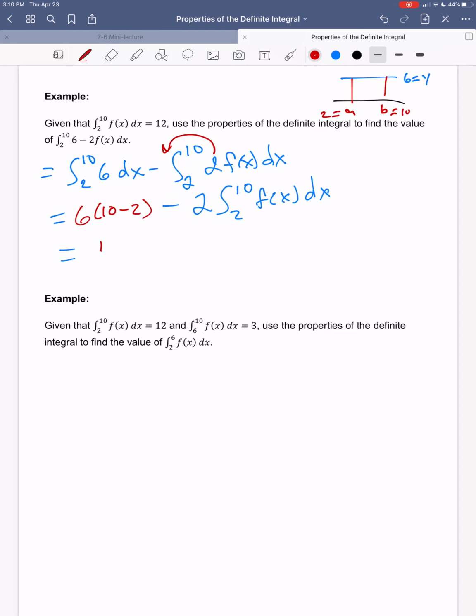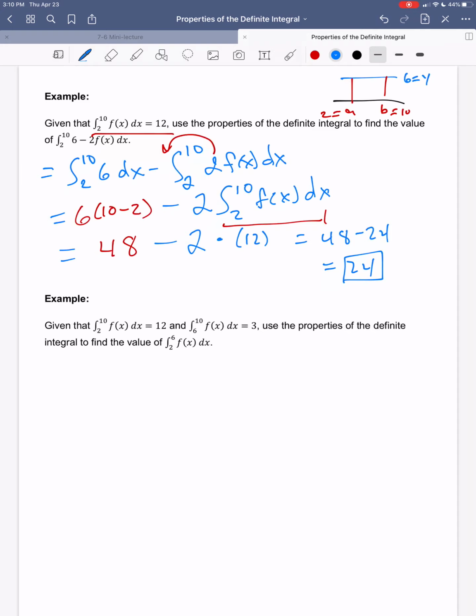So this is 48, 6 times 8, minus 2 times the integral from 2 to 10 of f of x dx. That's what we had up here. So the integral from 2 to 10, that's just equal to 12. So I'm going to get 48 minus 24, and my answer is just going to be 24.